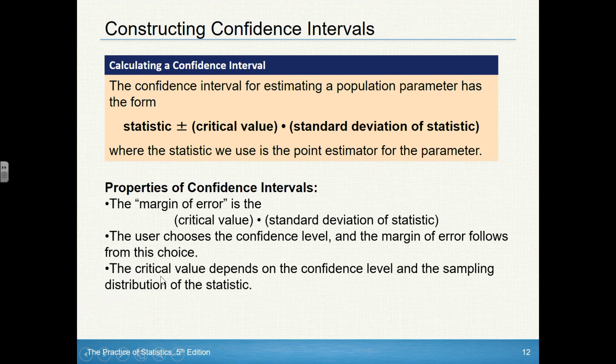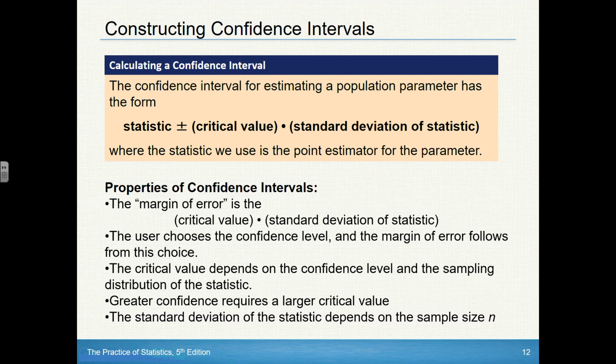The third bullet down here says the critical value depends on the confidence level and the sampling distribution of the statistic. Greater confidence requires a larger critical value, therefore a larger margin of error. Therefore, you're adding and subtracting a larger number, so you're talking about making a confidence interval that's wider.